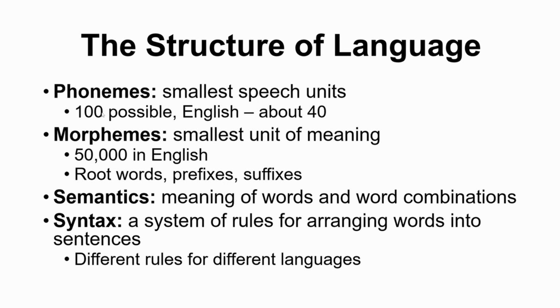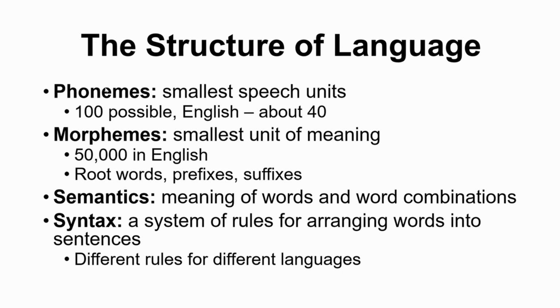Because we're taking this very small number of possible sounds, and we have rules on how we can combine them into these word components, we can make more than 50,000 morphemes in the English language. These can change as we add and modify words, especially with new technology.